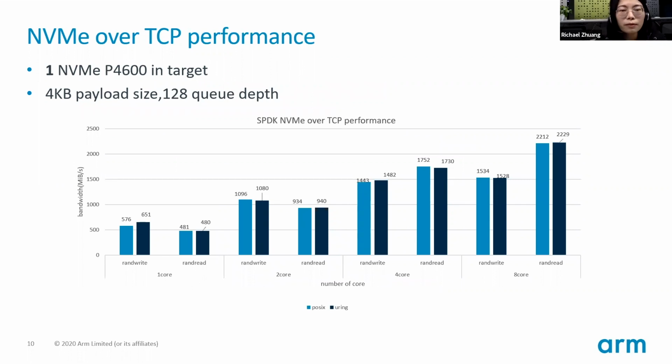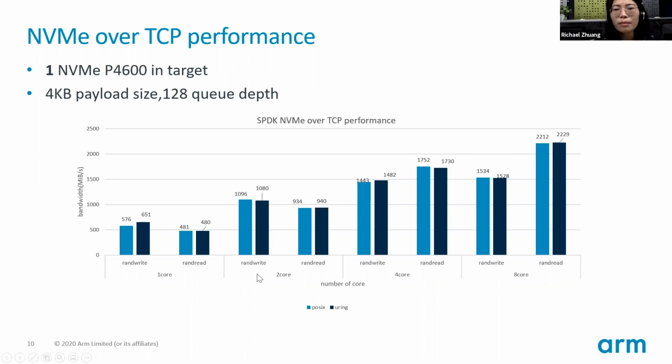This data is tested from another type of NVMe SSD, P4600, in the target. It's also tested with the 4 kilobyte payload size and 128 queue depth. This is the comparison of the POSIX sockets and the uring sockets.